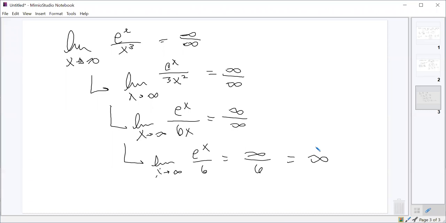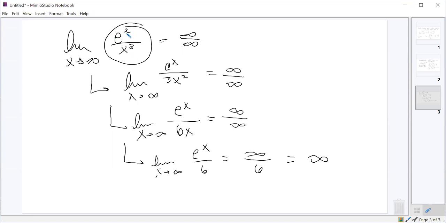But you don't really need to write all that out. And oftentimes they will put limits just like these ones in the multiple choice. And so you can do L'Hopital's rule a bunch of times to see what you get, or you can just know the order in which functions increase and which functions increase more rapidly than other functions. So for example, we know that e to the x increases more quickly than x cubed.